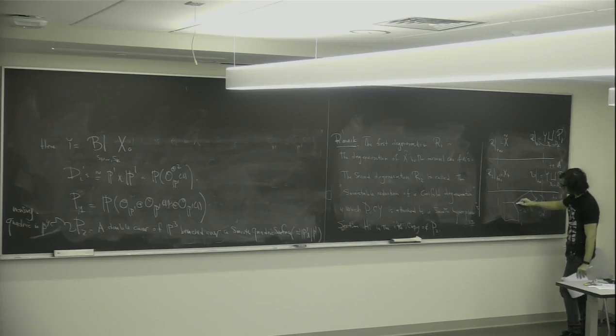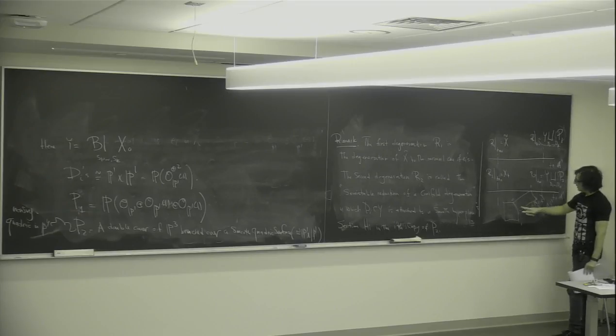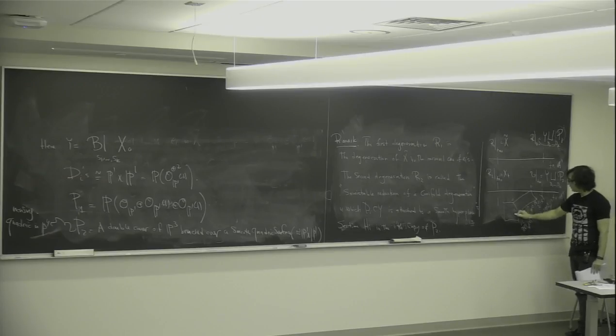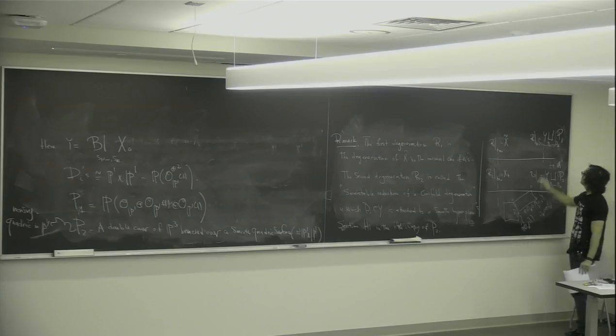It's like a cylinder with an infinity section and a zero section. The infinity section is precisely the infinity divisor, the projectivization of O_P1(1) squared, which I call D1. And this threefold is attached to the other threefold along D1.